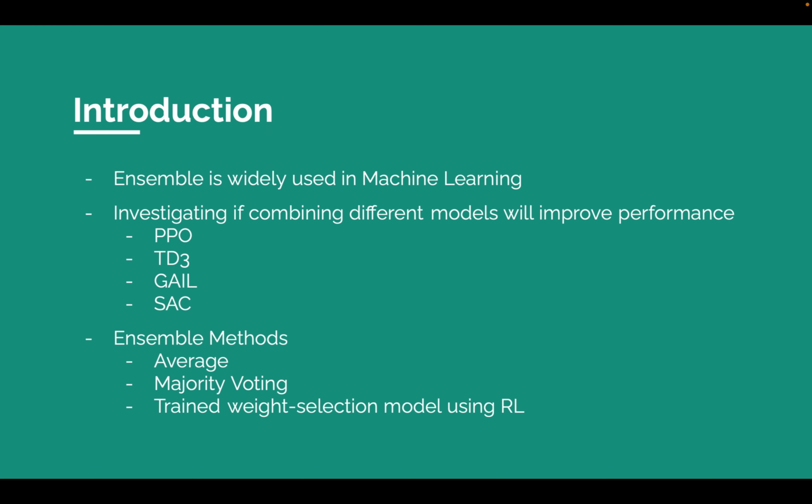The models we investigated are PPO, TD3, GAIL, and SAC. And we also investigated a variety of ensemble methods, such as averaging, majority voting, and also training a weight selection model using reinforcement learning.